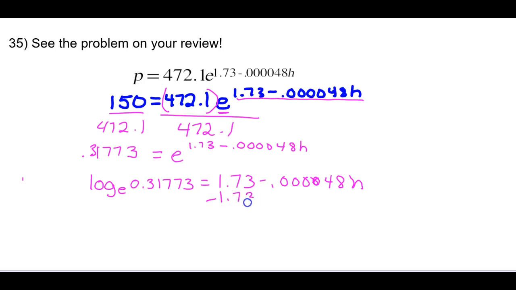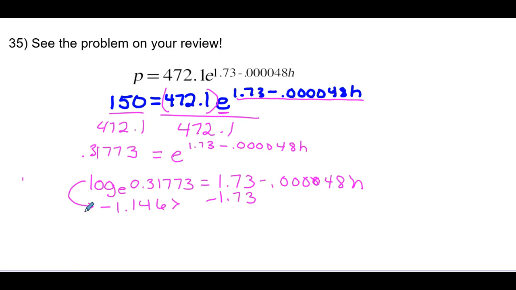On the left, I need to evaluate the log base e of 0.31773. In your calculator, it's ln, and you put that number in. When you do that, you get negative 1.1466.